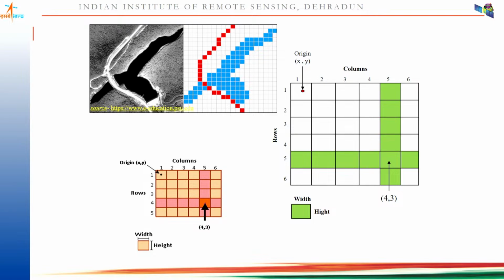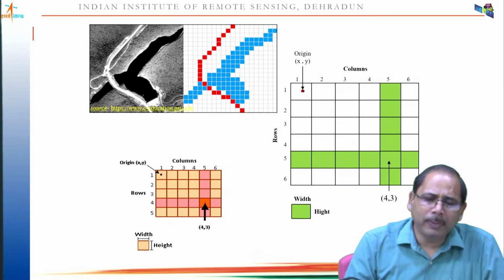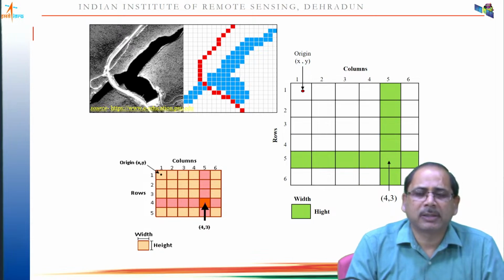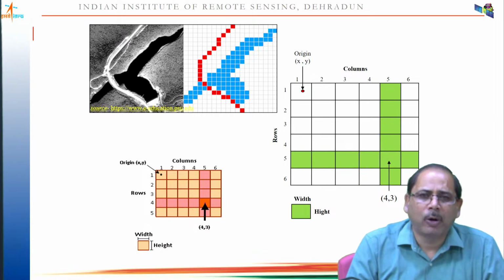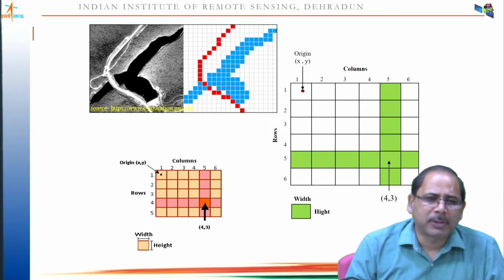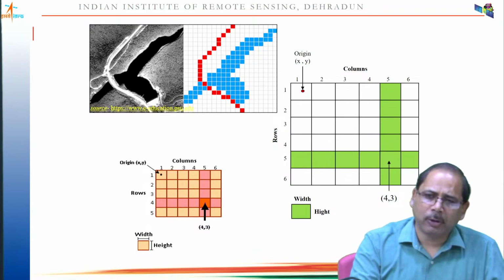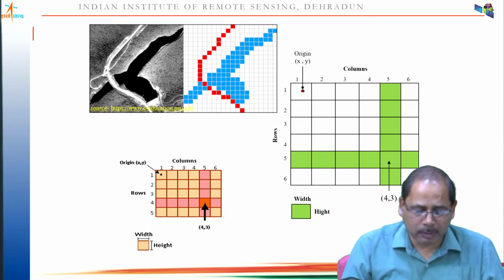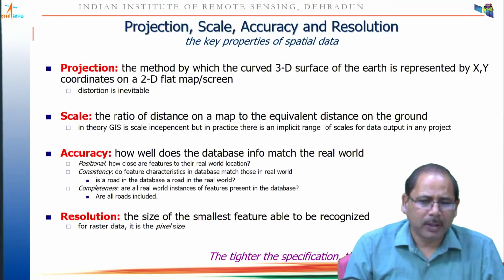We store it as a matrix, and then we can perform all the matrix operations, arithmetic operations like addition, multiplication, subtraction, division. So arithmetic operations which are possible on a matrix are possible on raster images. These are the thumb rules here.